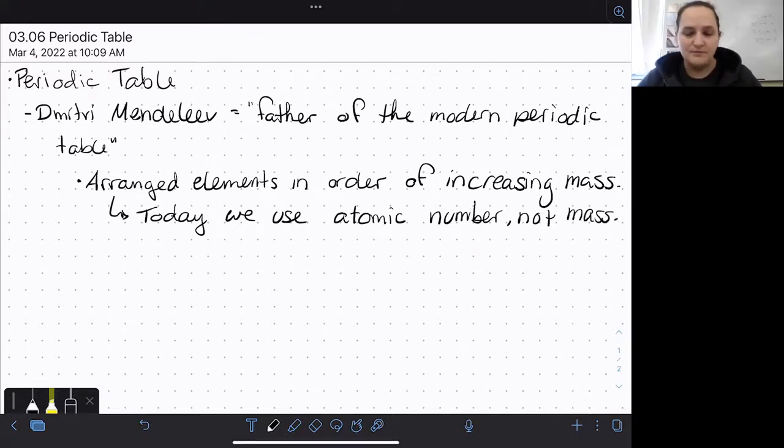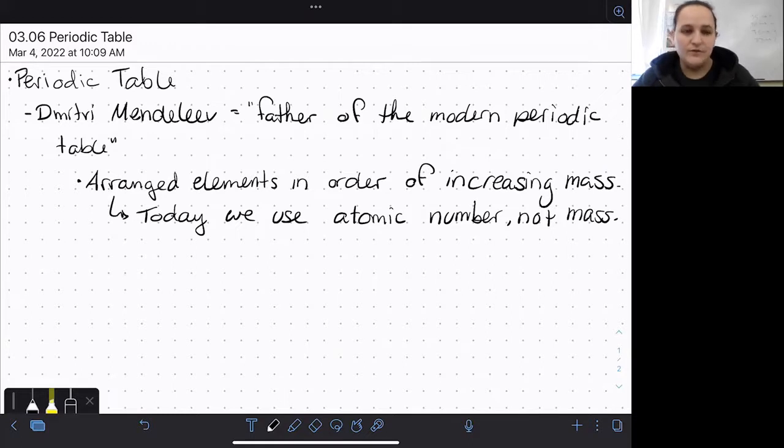For the most part, the order is the same, but there are a few places where the mass actually goes out of order with atomic number, and we've found that atomic number is much more indicative of the properties of an element, that things fit better when it's organized this way. At the time, they didn't fully understand the concept of atomic number yet, so mass was the data that they had to work off of. They knew that different elements had different masses, so they organized it that way.